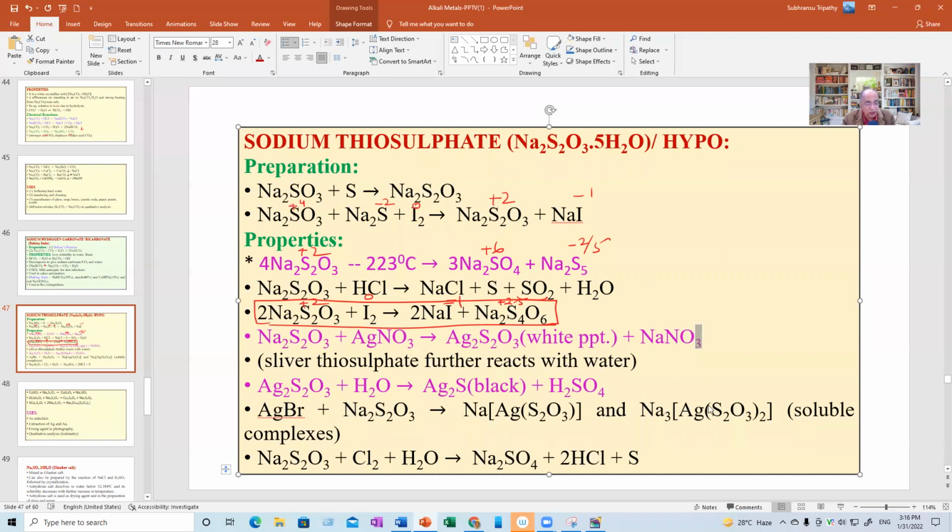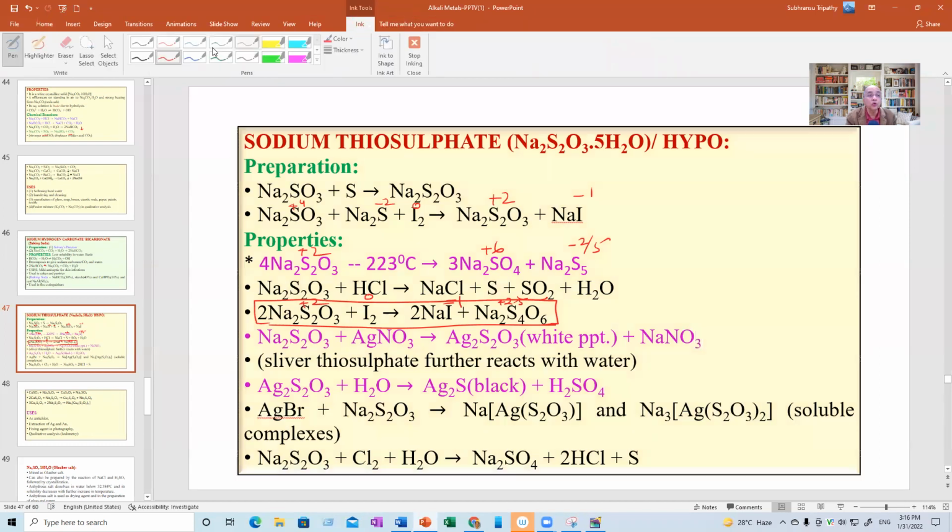This will be a spontaneous redox process. From average +2, it will go to -2, and sulfur again +2 to +6.